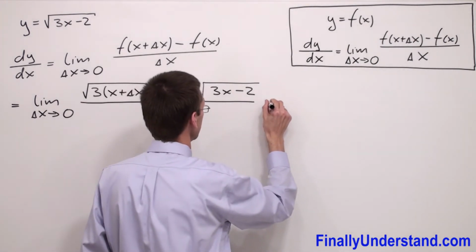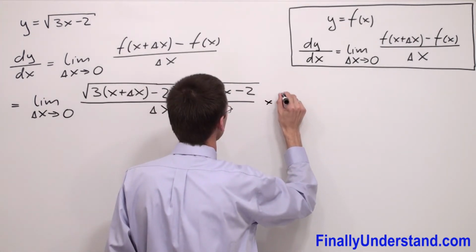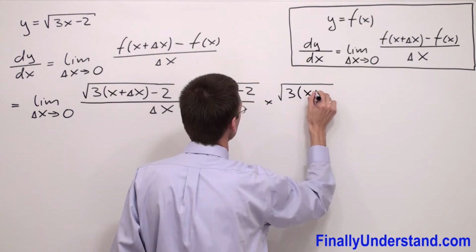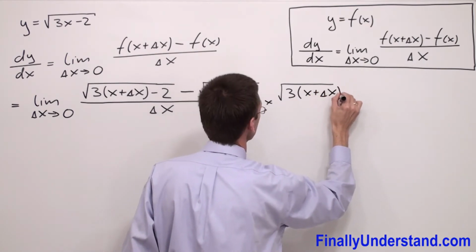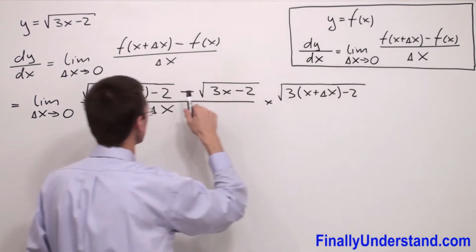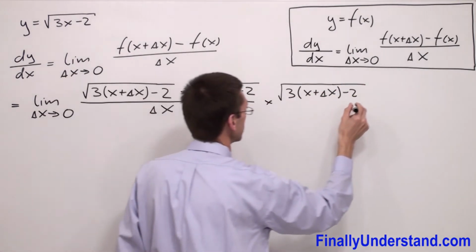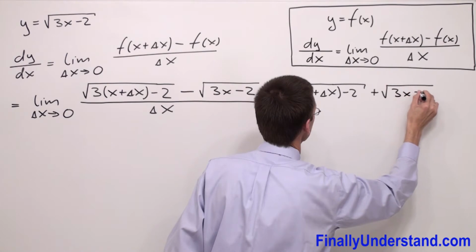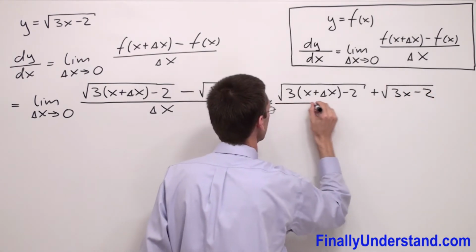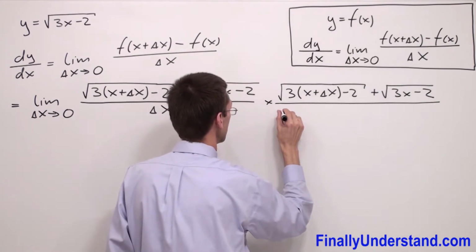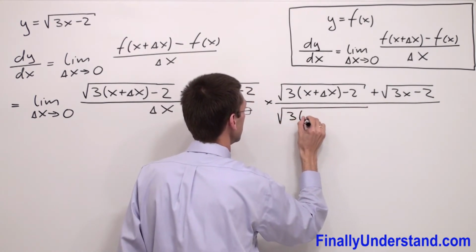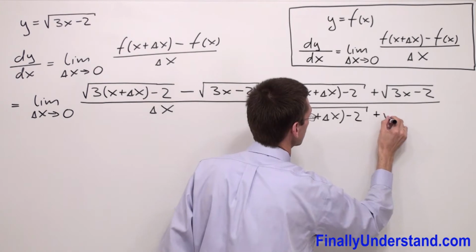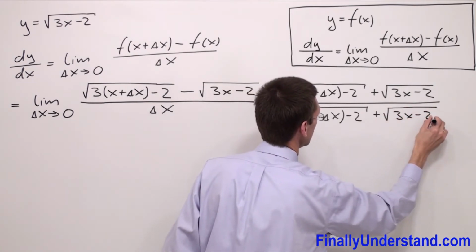So I'm going to multiply the numerator by the square root of 3 times x plus delta x minus 2, and I'm supposed to change the negative sign to positive, plus the square root of 3x minus 2, over the same thing: the square root of 3 times x plus delta x minus 2 plus the square root of 3x minus 2.